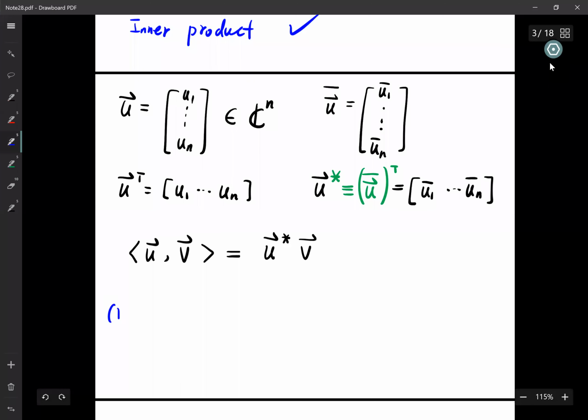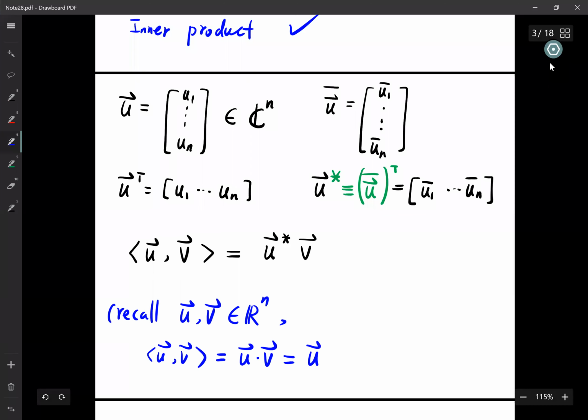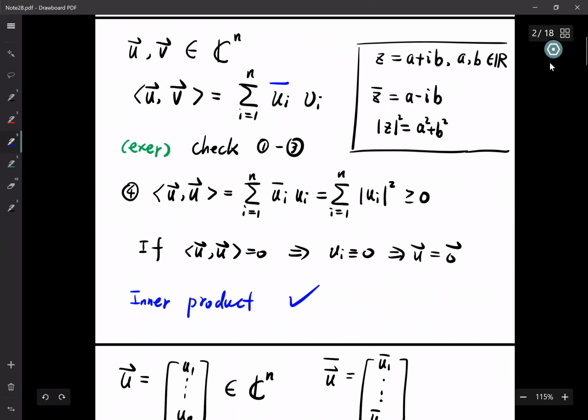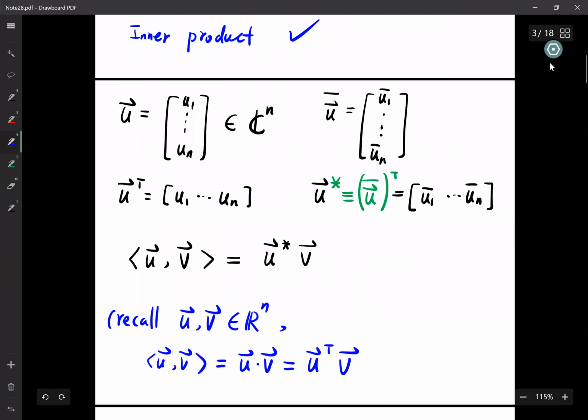Recall when u, v are real vectors, I can write the inner product, which is the same thing as u dot v, which is the same thing as u transpose v. Now, in the complex case, I need to replace the transpose by the star because this is how the inner product is defined. Any question?